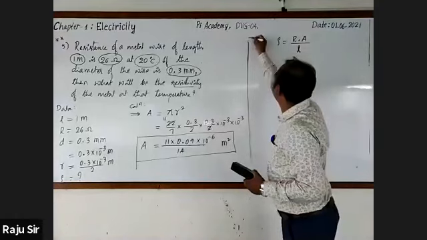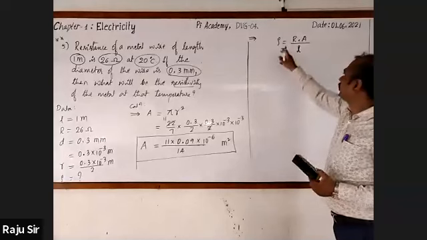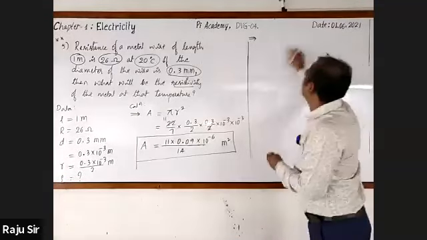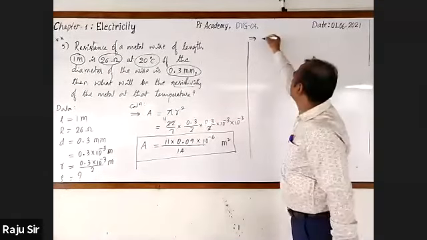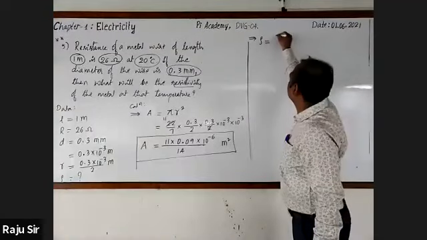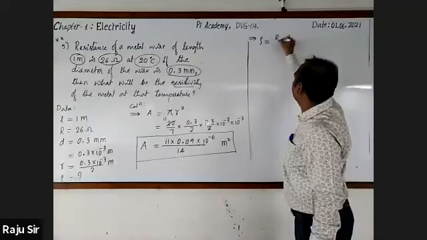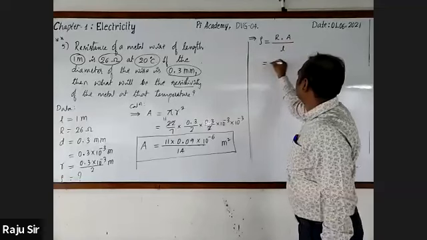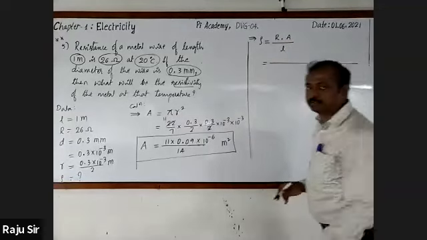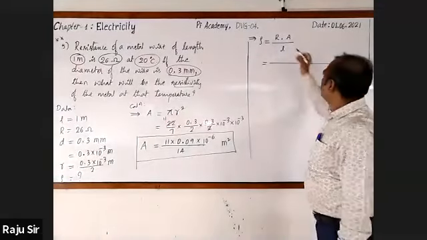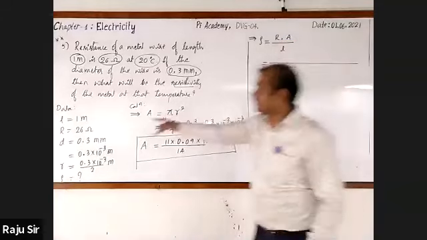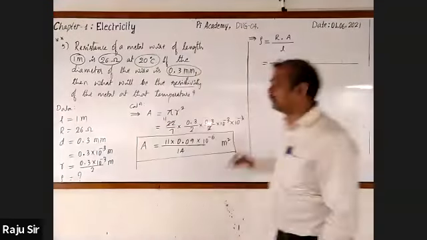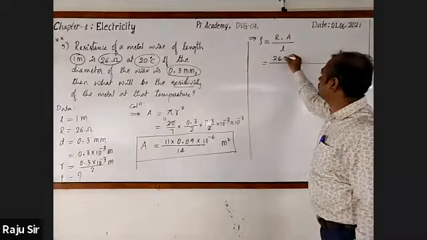Right. Resistivity is given by rho is equal to R into A by L. Please go for taking substitution. Where R electric resistance, that is 26 ohm, all right, 26.